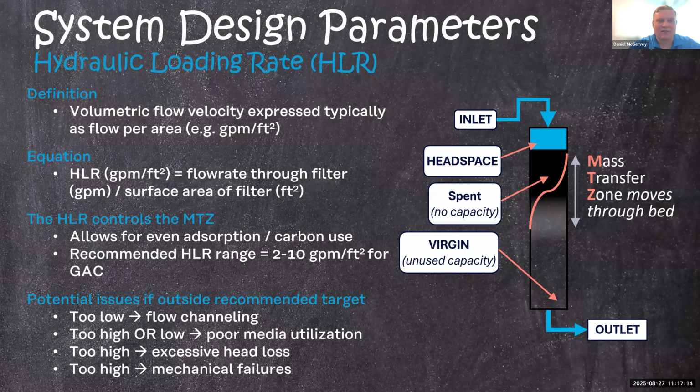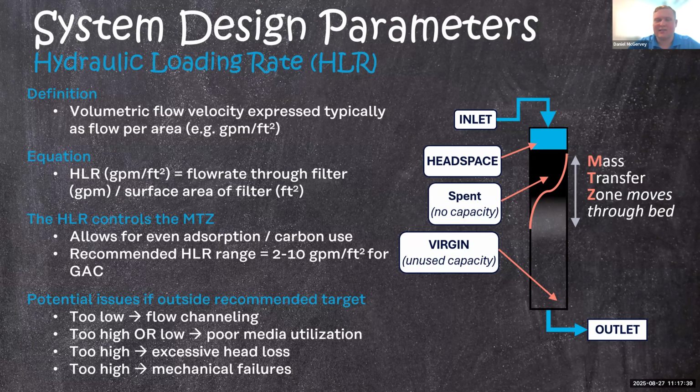The recommended range for really any carbon system is 2 to 10 GPM per square foot. So you can have a bit of a range for this sort of parameter, but too low below that, you can have issues with flow channeling. Either too low or too high, you can end up having poor media utilization, either because of the flow channeling or because you're pushing the carbon through the bed a little bit too fast.